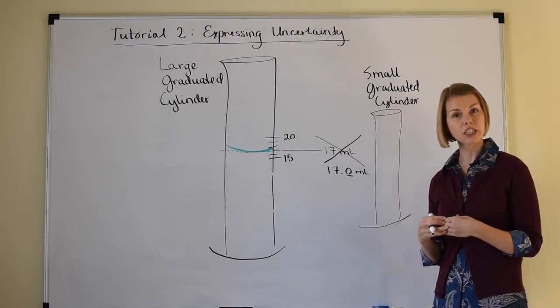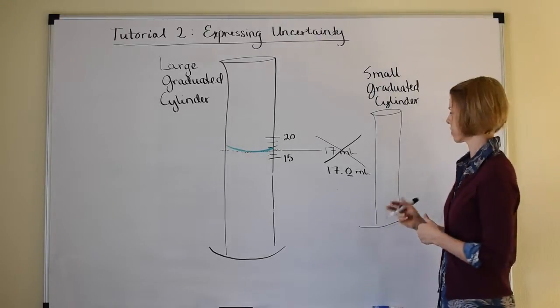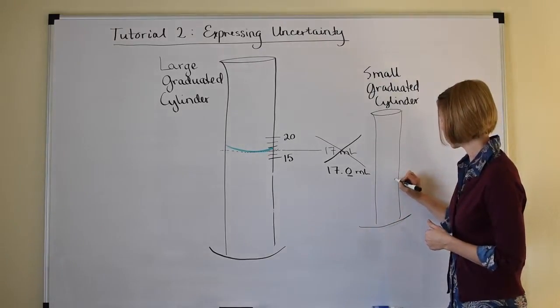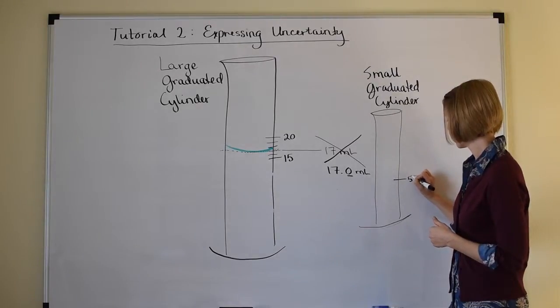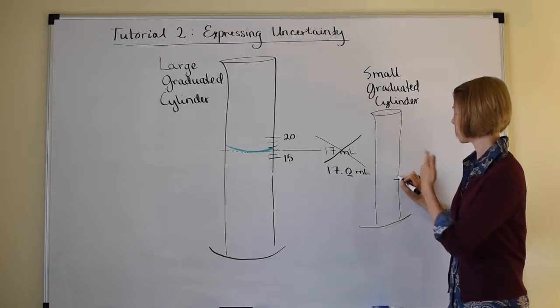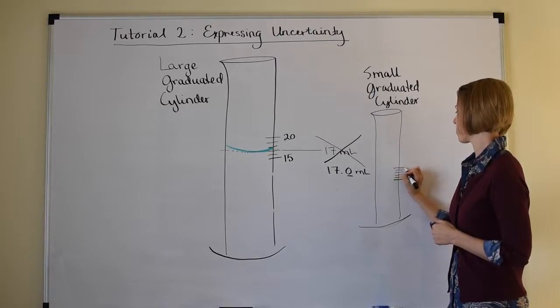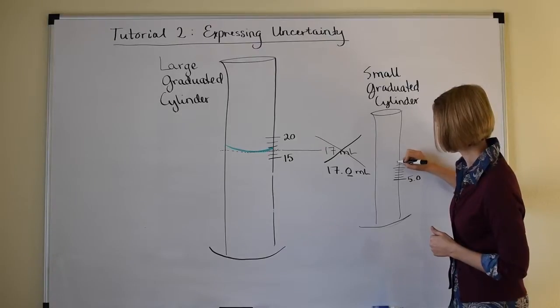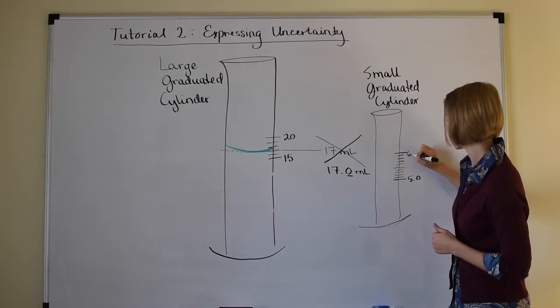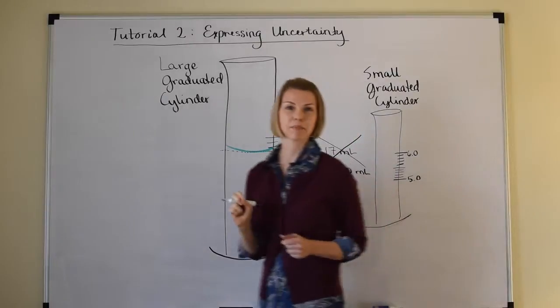So it has a little more precision than the large graduated cylinder, which only had increments measured off for whole milliliters. So let's go ahead and just mark off from 5 milliliters, which would be 5.0, up to 6.0. So there's going to be an increment for 5.1, 5.2, 5.3, 5.4, 5.5, 5.6, 5.7, 5.8, 5.9, and 6.0. That one's kind of ugly there, but hopefully you get the idea.